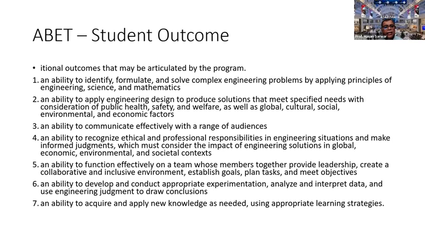These 7 outcomes are an ability to identify, formulate, and solve complex engineering problems, an ability to apply engineering design to produce solutions, an ability to communicate effectively, an ability to recognize ethical and professional responsibilities, an ability to function effectively on a team, an ability to develop and conduct appropriate experimentation, and an ability to acquire and apply new knowledge. So we can see that in both cases, the focus is on developing the ability of a student.